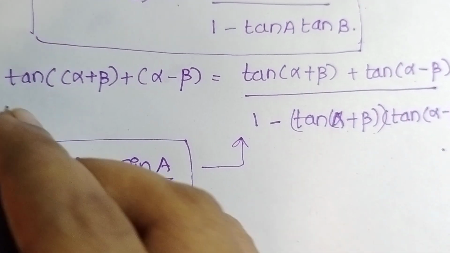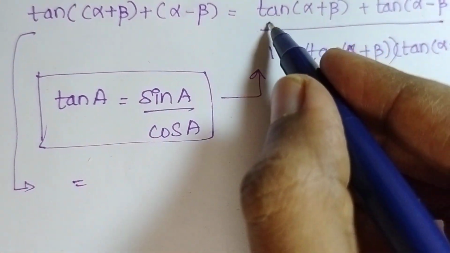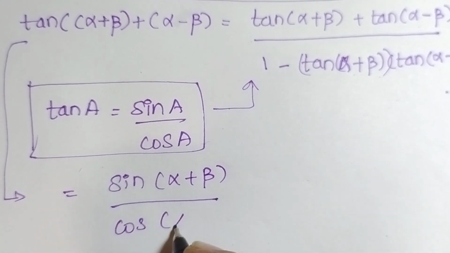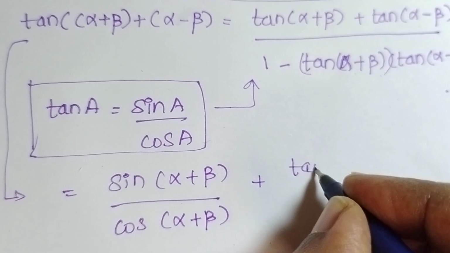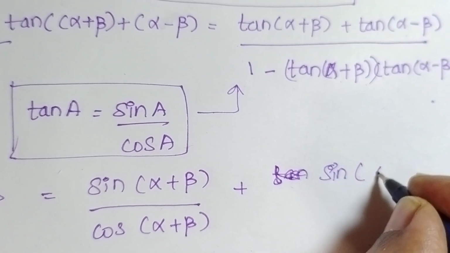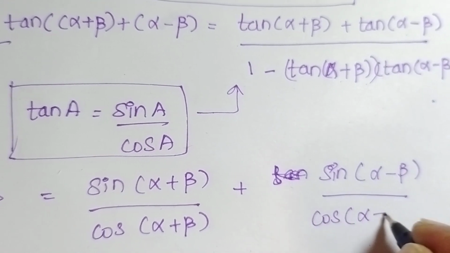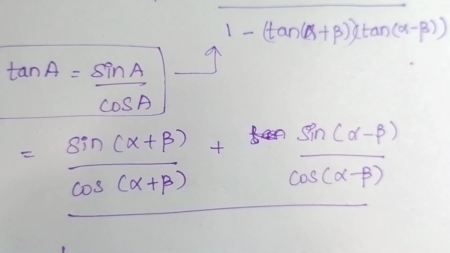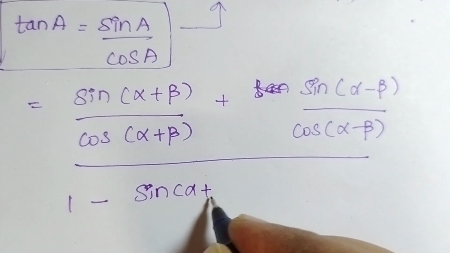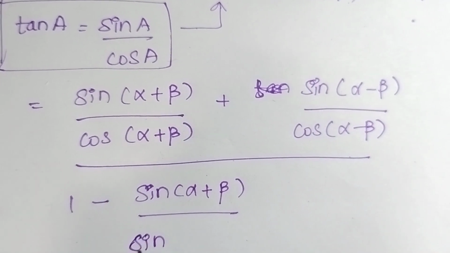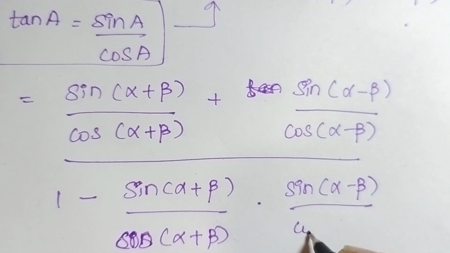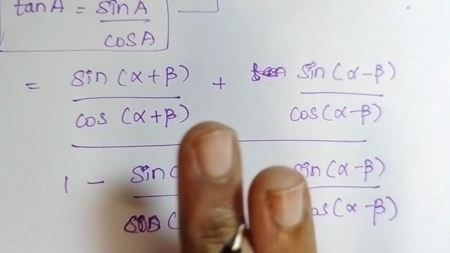Tan of alpha plus beta can be written as sin of alpha plus beta divided by cos of alpha plus beta, plus tan of alpha minus beta, which we change to sin by cos, that is sin of alpha minus beta divided by cos of alpha minus beta, divided by 1 minus sin of alpha plus beta divided by cos of alpha plus beta into sin of alpha minus beta divided by cos of alpha minus beta. Just keep this as it is.